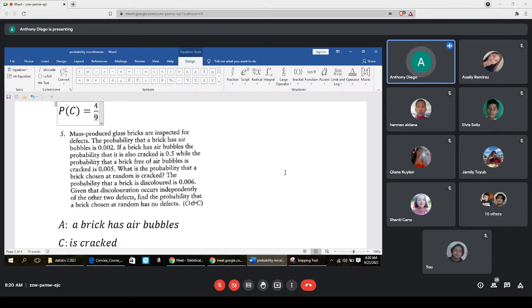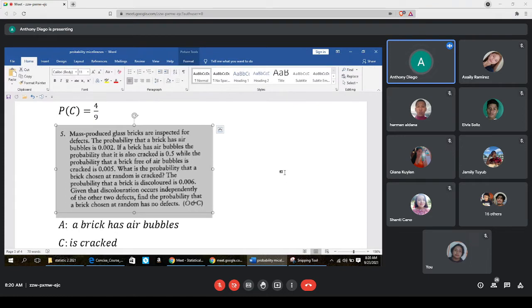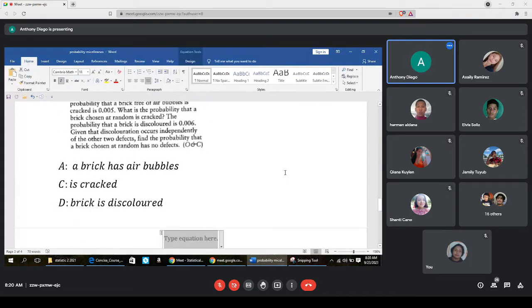The probability that a brick has air bubble is 0.002. So that would be the probability of A equals 0.002.